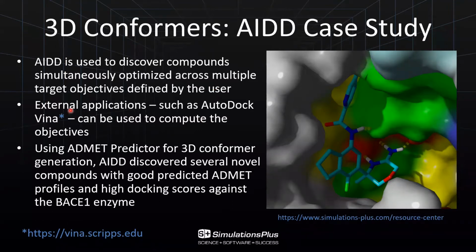A new extension allows external applications, such as a docking tool, in this case AutoDock Vina, to be used for computing the objectives. So Michael showed that using ADMET Predictor for 3D conformer generation, AIDD was able to discover several novel compounds with good predicted ADMET profiles and high docking scores against the BACE1 enzyme. You can download the full presentation from our website.